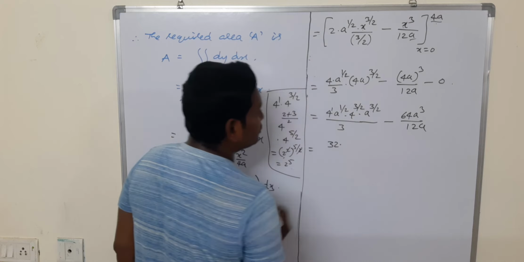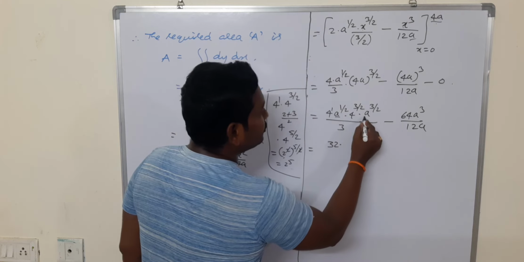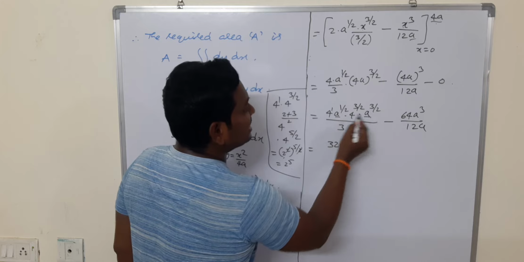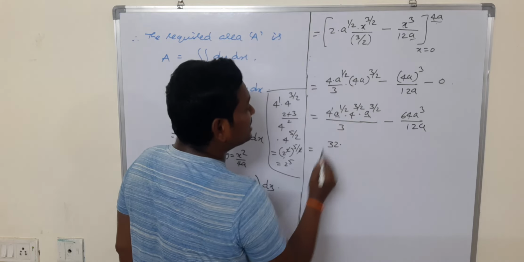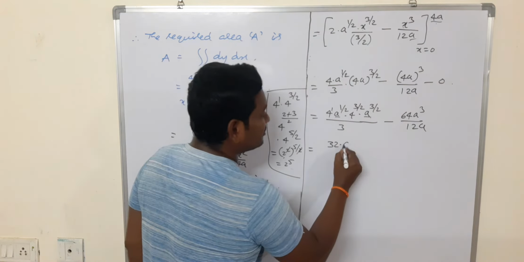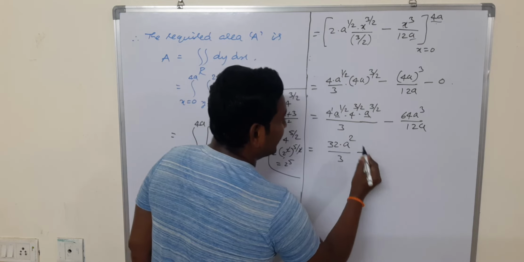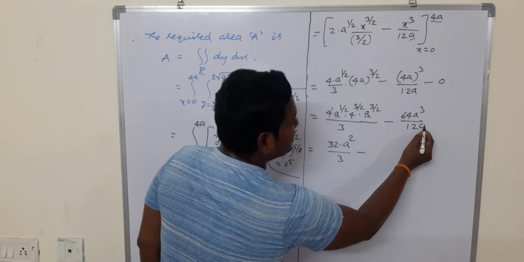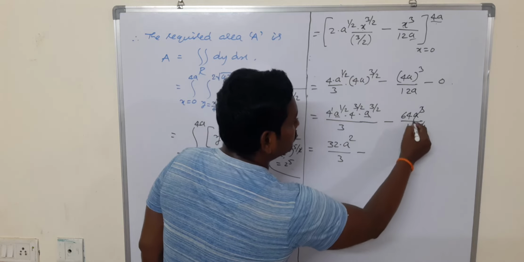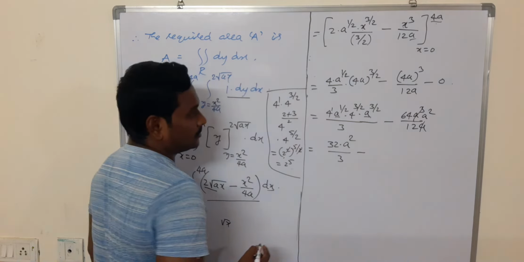So 32 into a power 1 by 2 into a power 3 by 2. Again bases are equal, that's why add the powers. 1 by 2 plus 3 by 2 is 4 by 2. That's why you will get a square by 3, minus 1a getting cancelled here. So you have a square here.